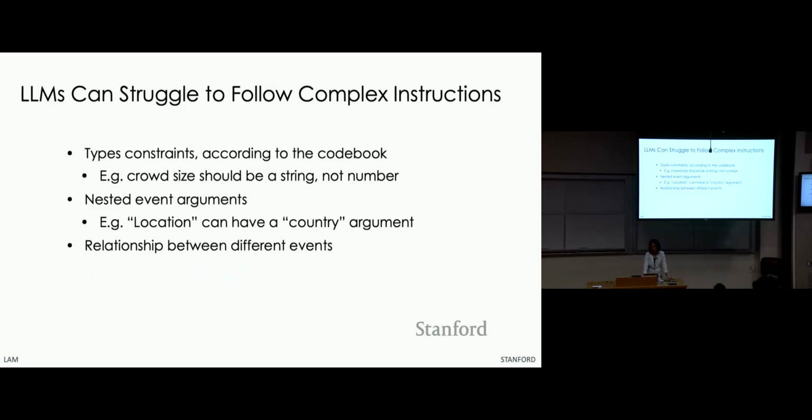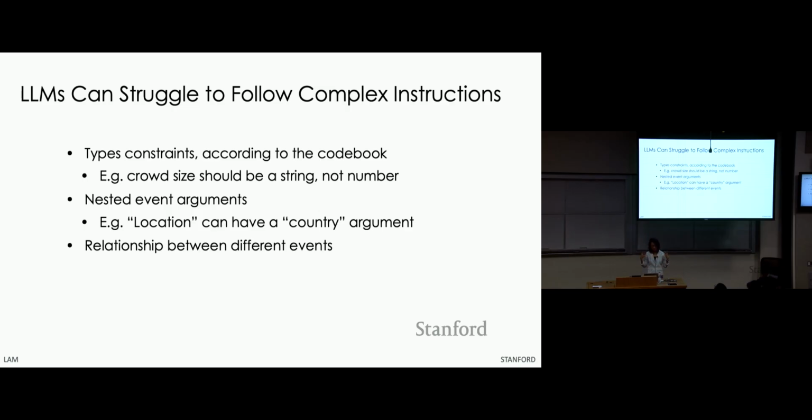So what we found is that LLMs can struggle to follow complex instructions. And the standard thing that we know as programmers is that there are type constraints, right? The crowd size should be, in this case, a string because I want to say over 100 or approximately or whatever it is.